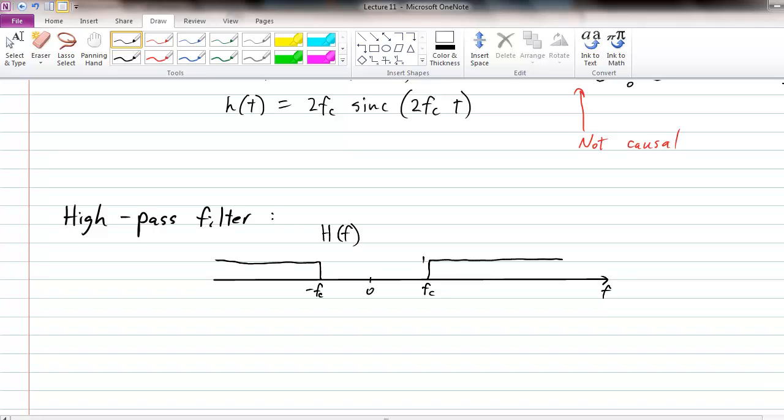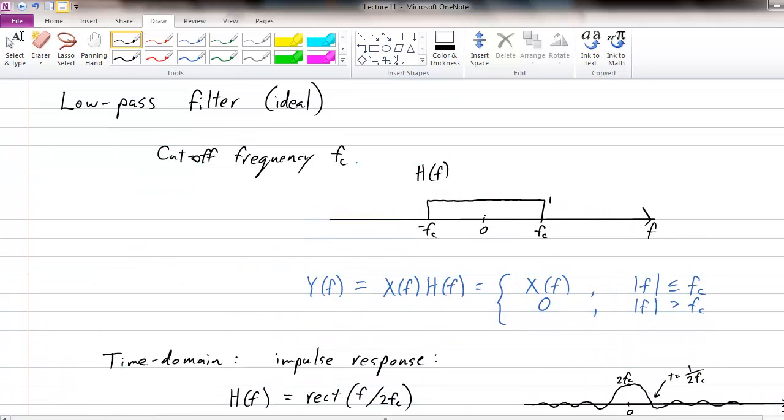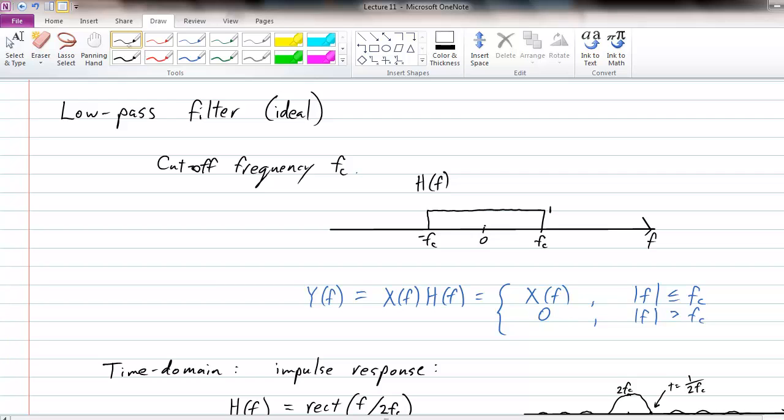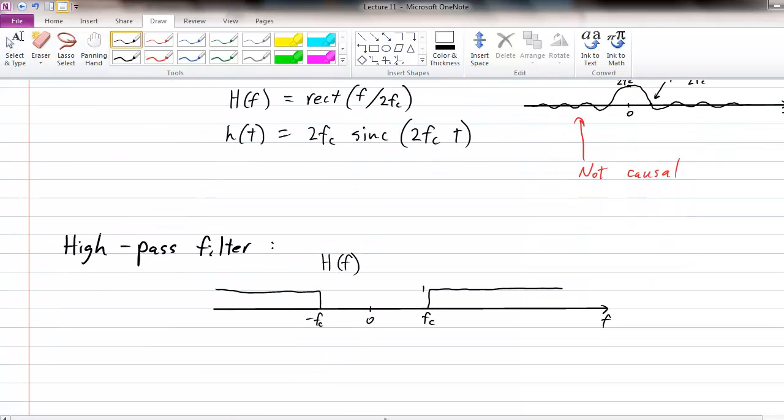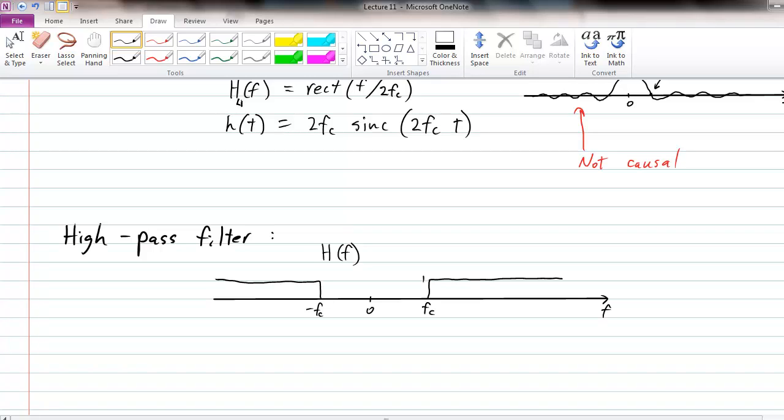Okay, so here's the trick, though. Let me name these two things different names. I called this one H low pass, and this down here, high pass.